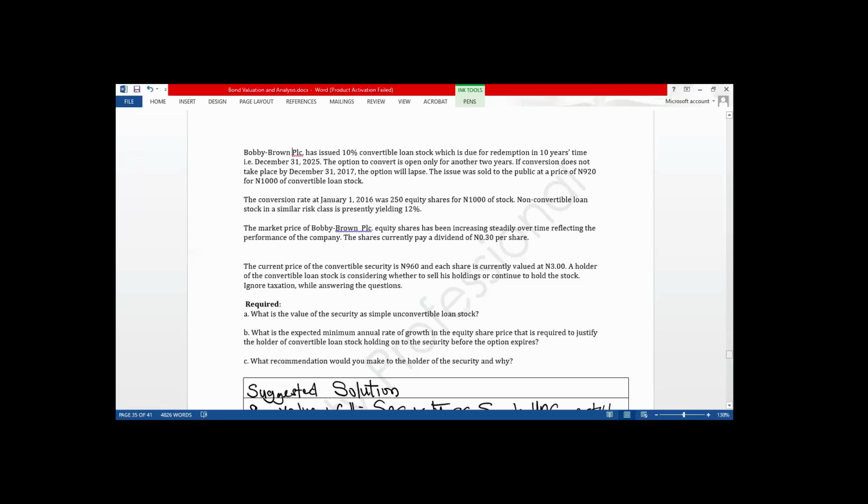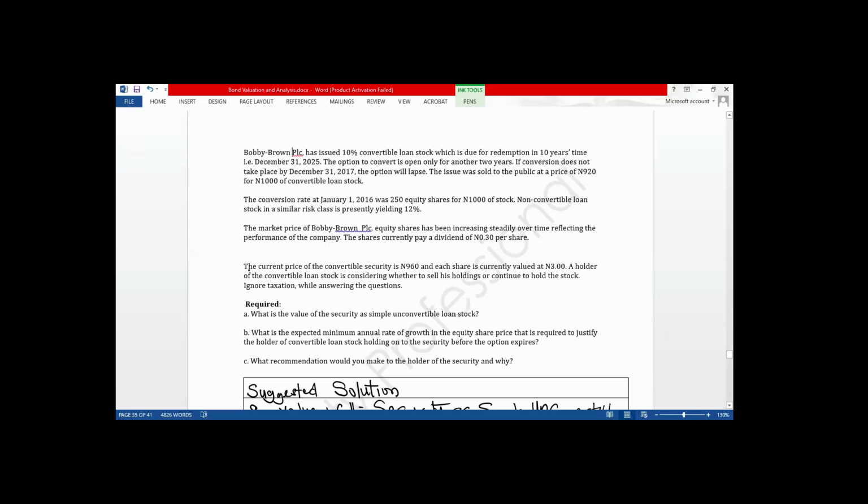First, let us remember, convertible loan stock, you have an option to convert it to ordinary shares. As of today, look at paragraph 4, the last paragraph.